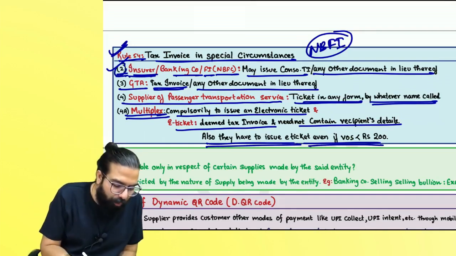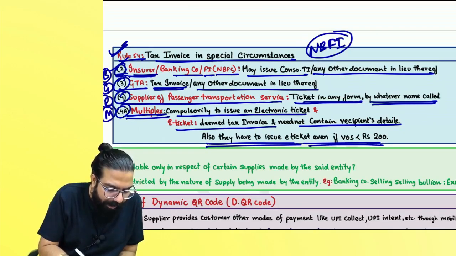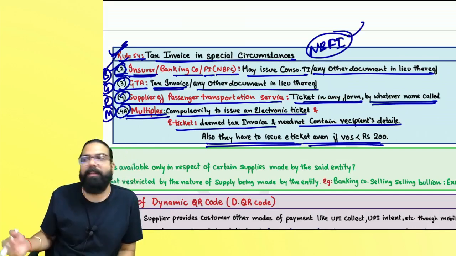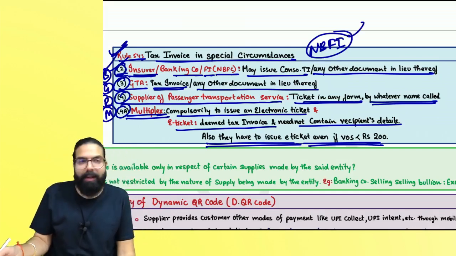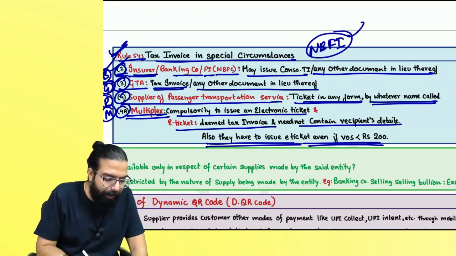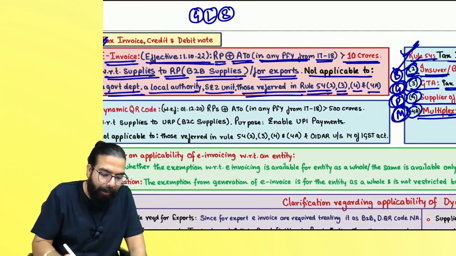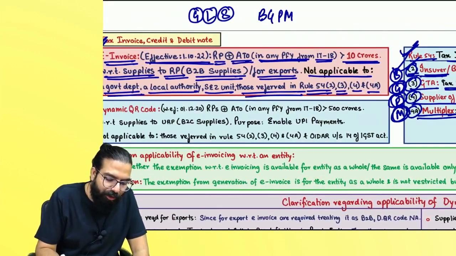So in these four cases, rule 54(2), (3), 4 and 4A, which I call BGPM, B for banking company. Banking company means NBFI: NBFC, banking company, financial institution and insurance company. G for GTA, P for passenger transportation service, and M for multiplex. Remember, BGPM.